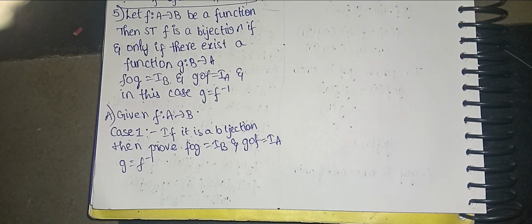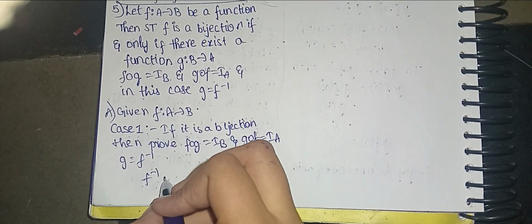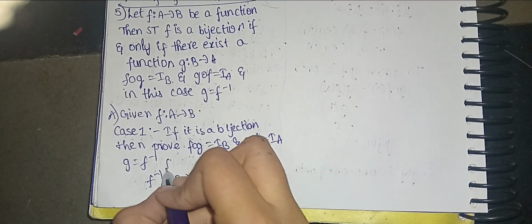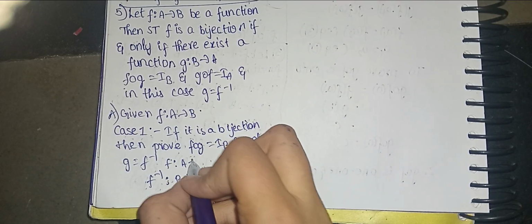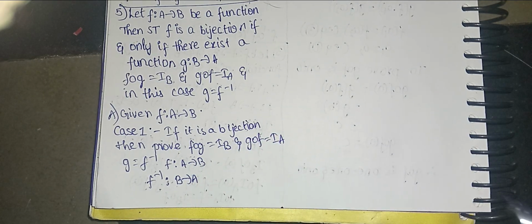Now see, since it is a bijection, the f inverse function will also be a bijection, right? f from A to B is a bijection means f inverse from B to A is also a bijection.